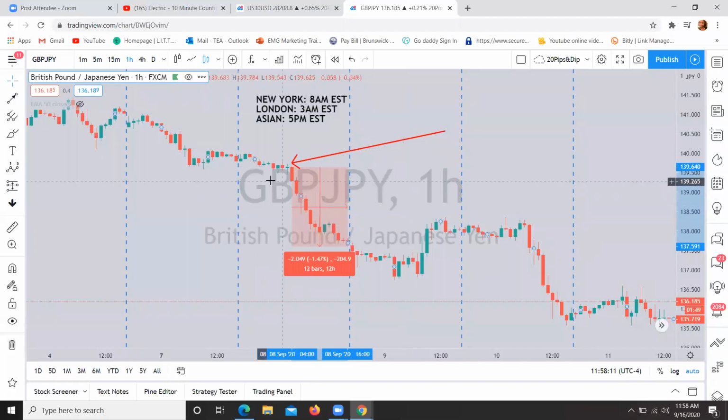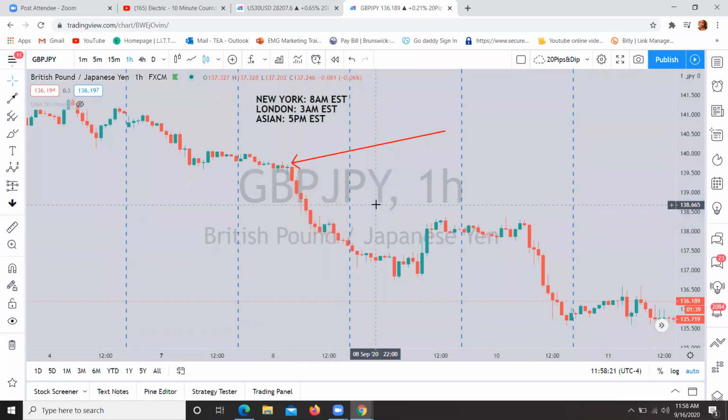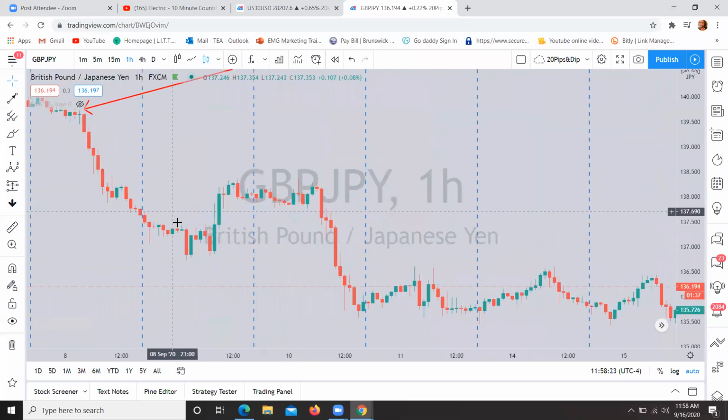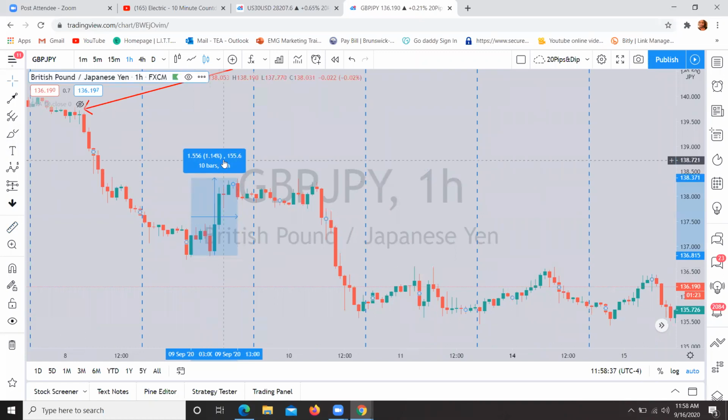Okay, which means that it's a lot more momentum. From London session all the way to Asia, 204 pips. 1, 2, this was what, 3 o'clock? So this was a day where the market was moving bullish from the low to the high of the day, 155 pips.